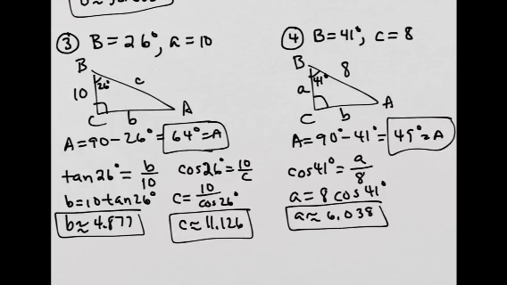To find side B, that would be sine. So sine of 41 is opposite over hypotenuse. So B is 8 sine 41. You get 5.248 for side B.